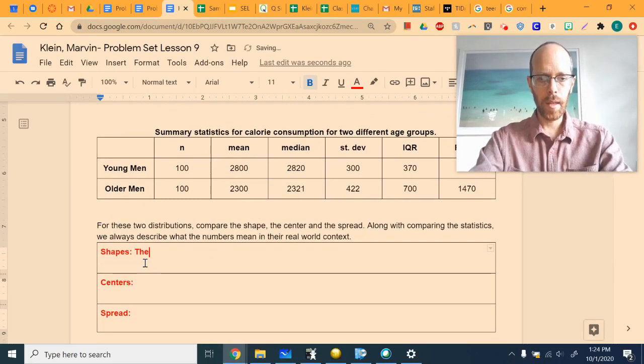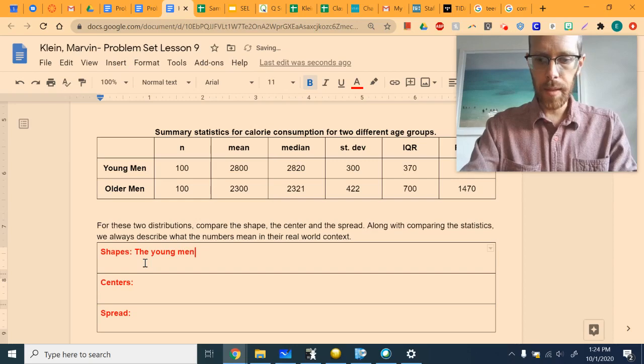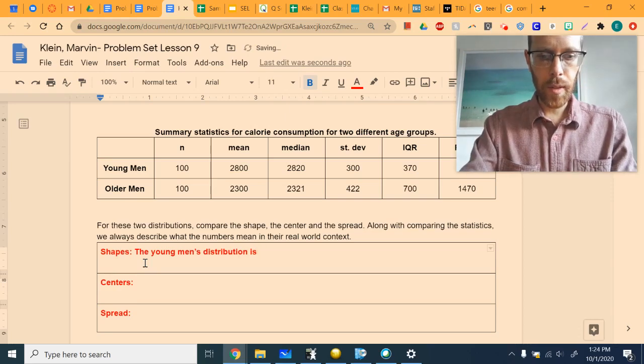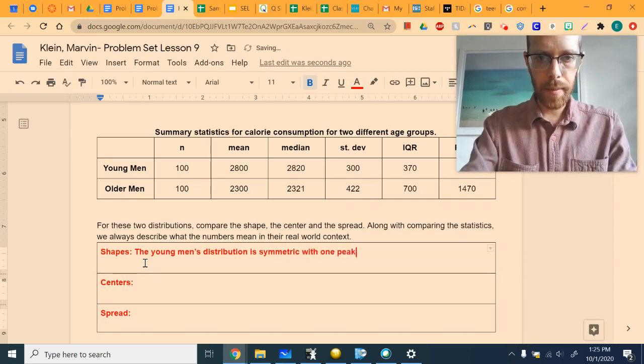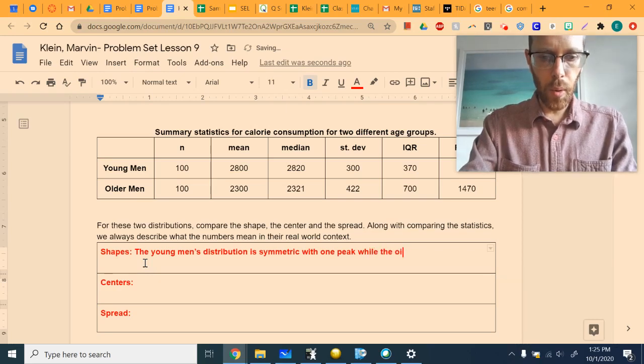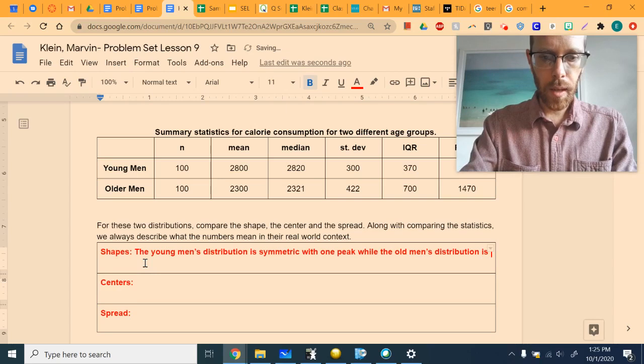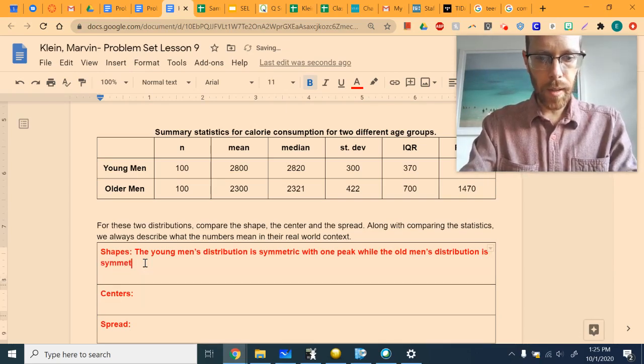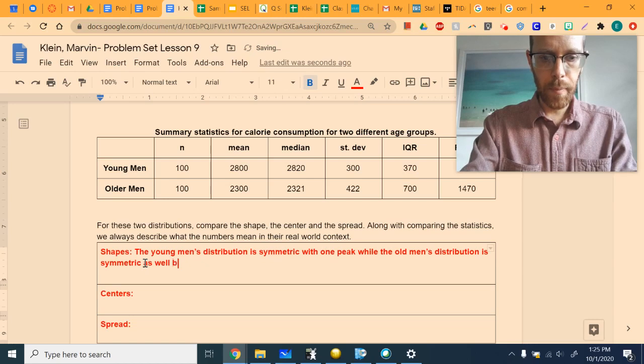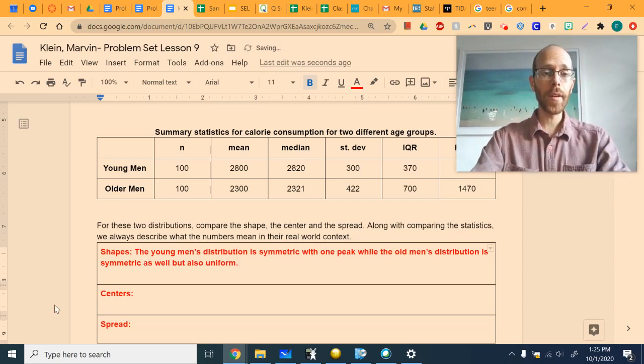So I would say the young men's distribution is symmetric, while, let's say, with one mode or one peak, while the old men's distribution is symmetric as well, but also uniform. All right, so there you just described the shapes.